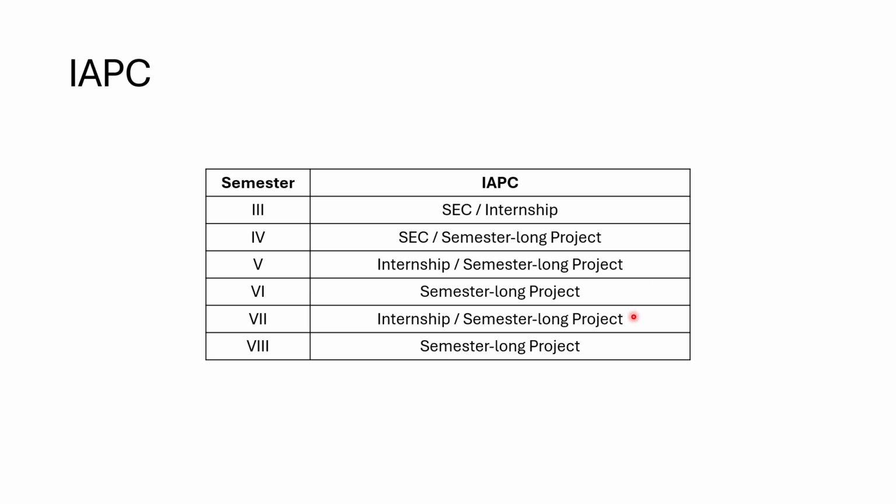Semester 7 again, internship or semester long project following the same pattern, and for 7 and 8 also, by the way, I should have added internship here as well. From semester 3 to 6 you have 2 credits. In semester 7 and 8 you have 6 credits for your IAPC.